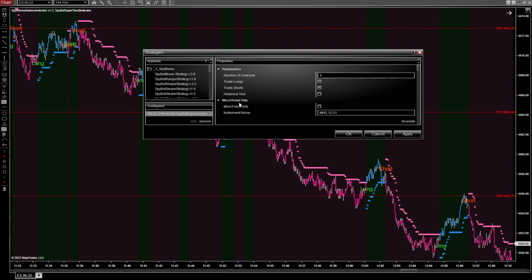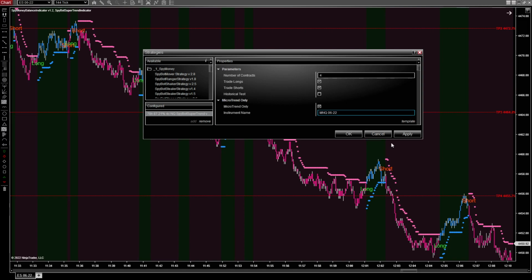It won't work. It's just different. So what we have to do is we check this, and then this down here, we would actually put, if you're going to trade right now, you would trade MES, and you have to make it capital letters, and it would be 0622, and that's what you'd put in if you're going to trade MES. If you're going to trade MNQ, you would do that.